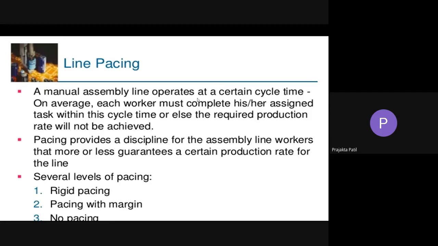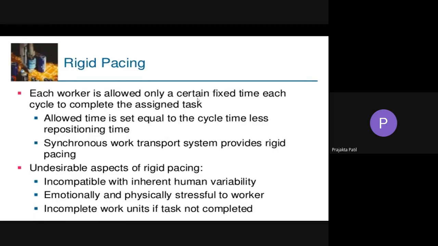So pacing basically has three levels. One is rigid pacing, pacing with margin, and no pacing. Let us try to understand what is rigid pacing, pacing with margin, and no pacing. So what is rigid pacing? In rigid pacing, each worker is allowed only a certain fixed time each cycle to complete the assigned task.